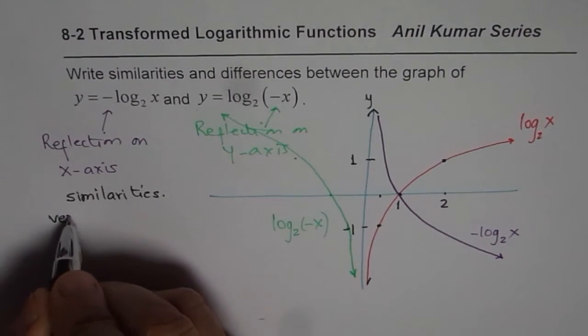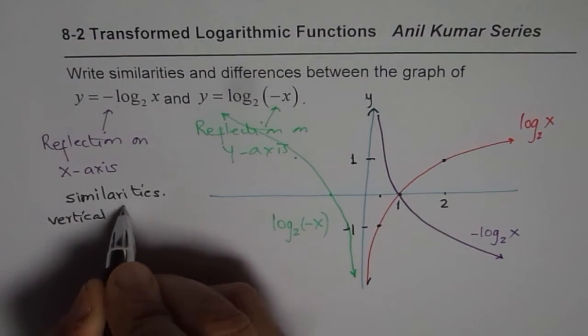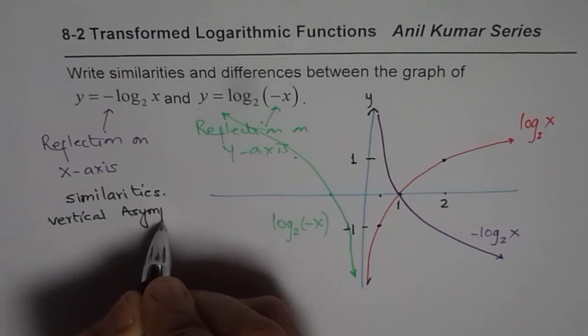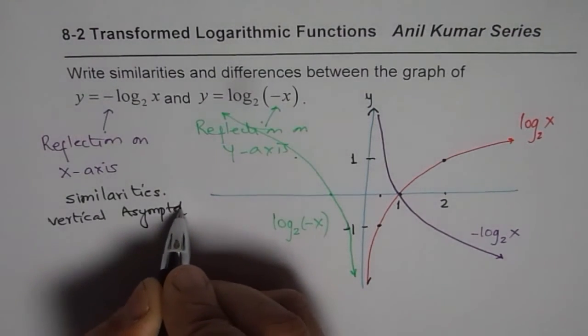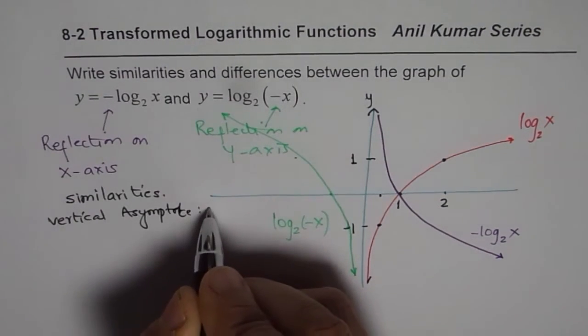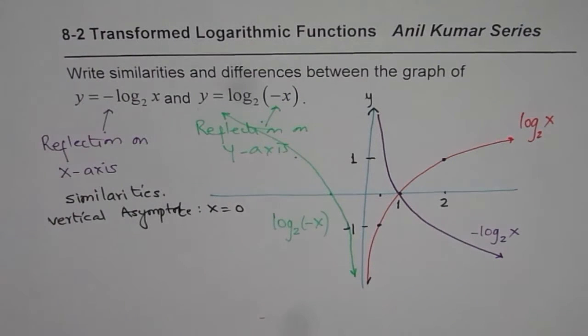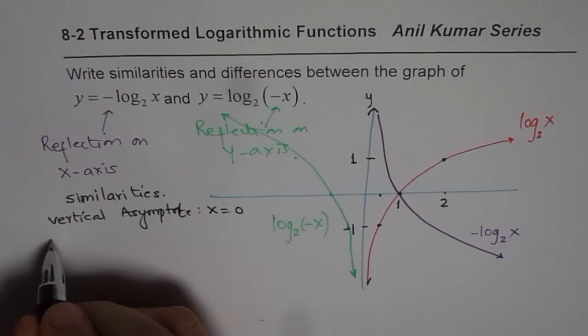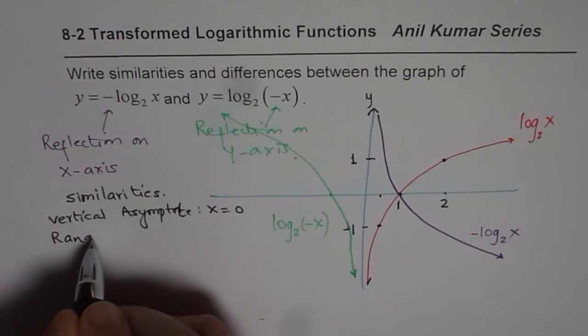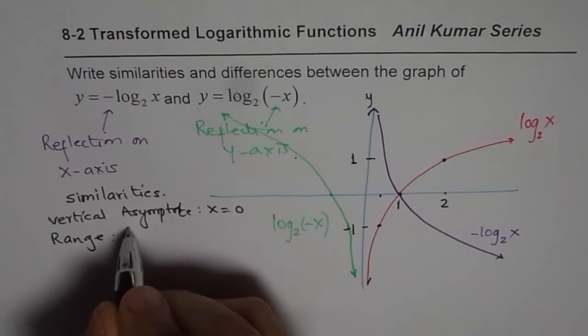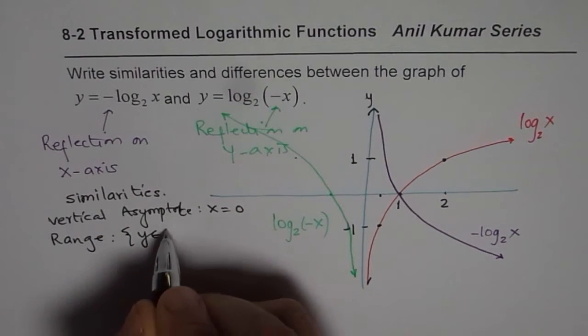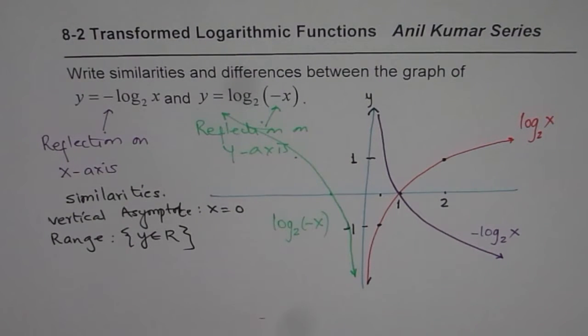So they have a common vertical asymptote, which is x equals 0. So that is one similarity. And can you tell me the other similarity? The other similarity is the range. So the range of both the functions is y belongs to real numbers, right? So these are two good similarities between these two graphs.